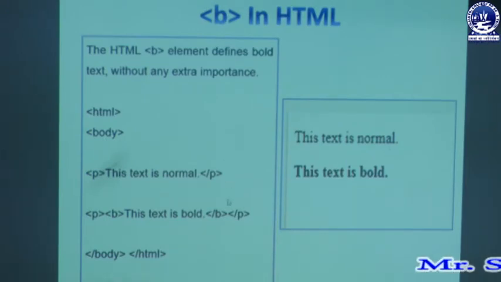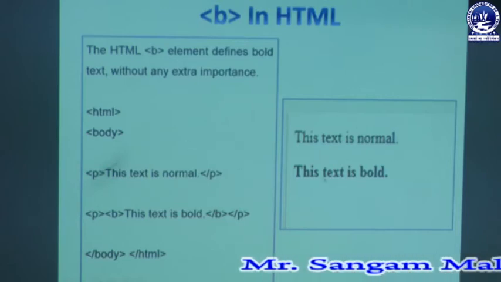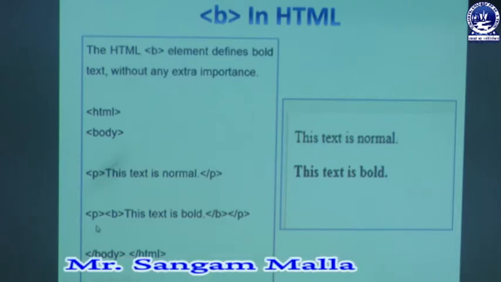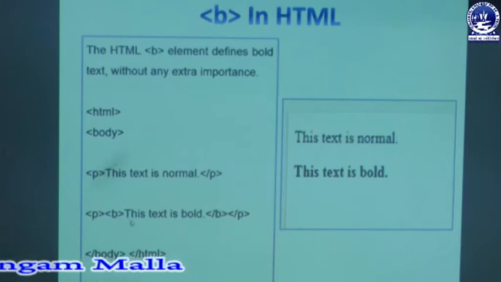So you can see that the program is written over here and the reflection is over here. The next paragraph has the text "This text is bold" written inside the B tag followed by the P tag. So in the second paragraph the text is in the bold format which has been given by the B tag.